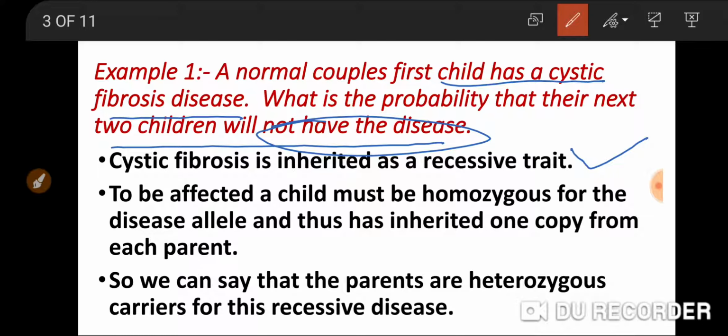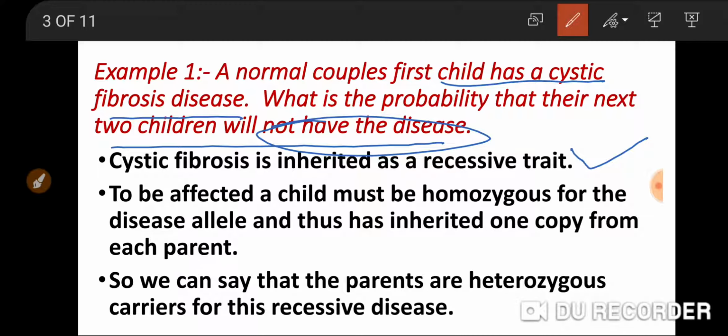This means that this disease can occur only when the recessive allele is in the homozygous condition. As we already know from the numerical, a phenotypically normal couple has already produced an affected child, and to be affected, a child must be homozygous for the disease allele and thus has inherited one copy from each parent.